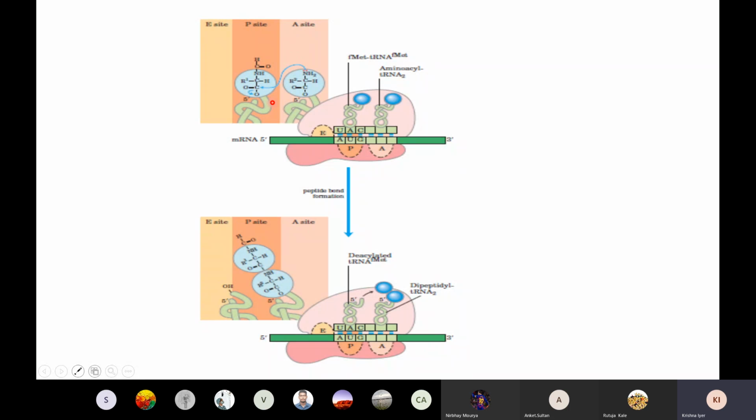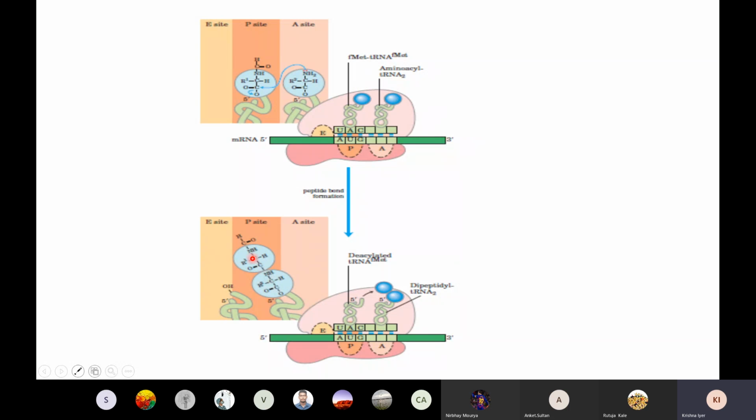At the same time, this O tRNA is removed as a leaving group. And essentially the formyl methionine gets attached to the tRNA which was carrying the second amino acid. Think of this: this is one fMet, this is the second, and now this amino acid is going to get attached to this, and that is shown here.